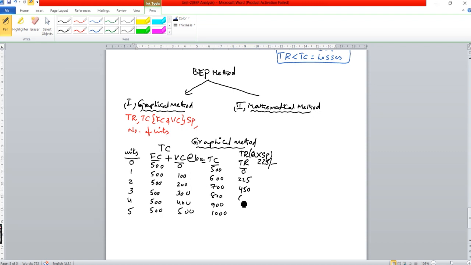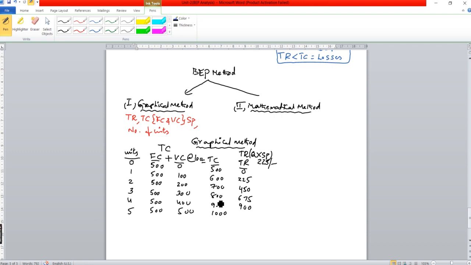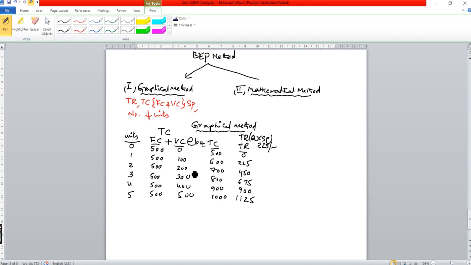At 4 units, 900. At 5 units, 1125. If you want to take more units we can continue it, but in this example I have taken only 5 units.